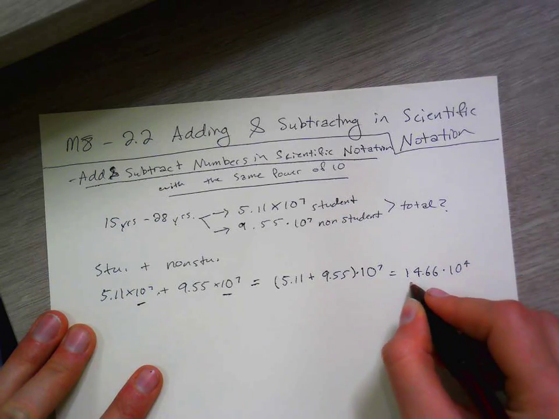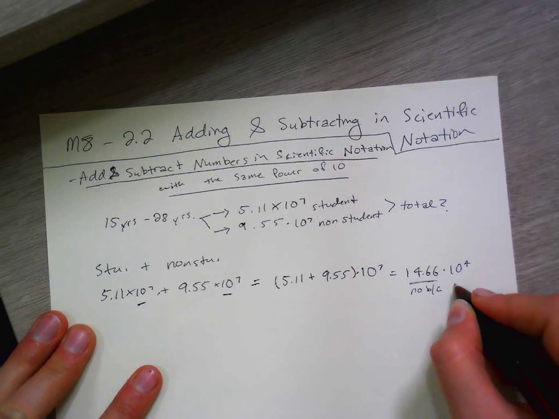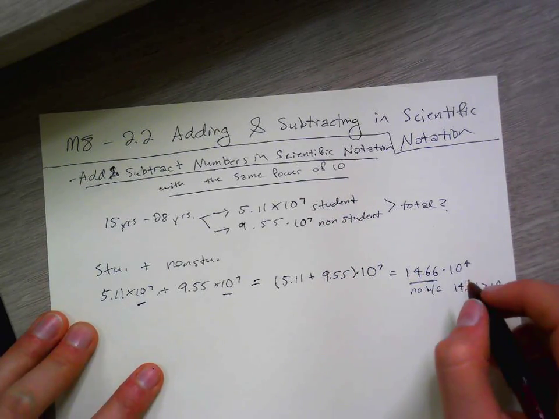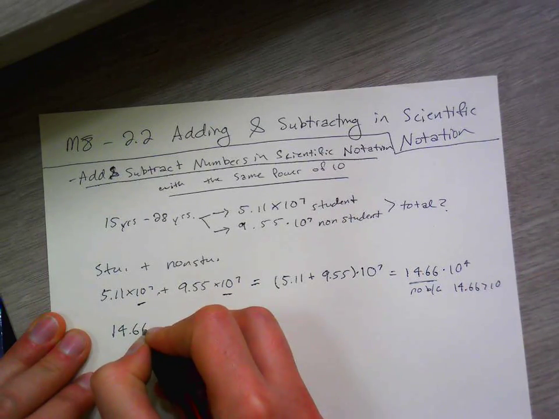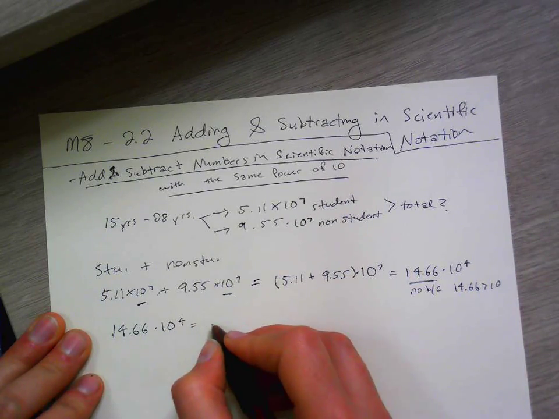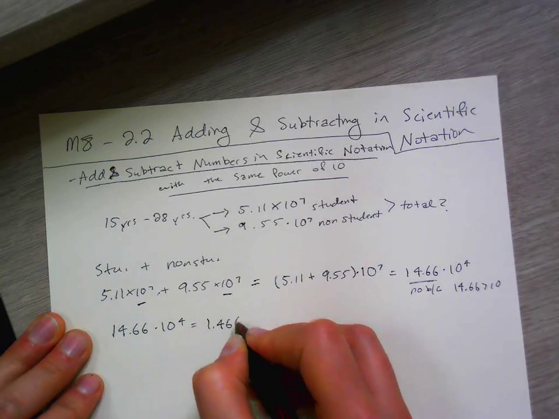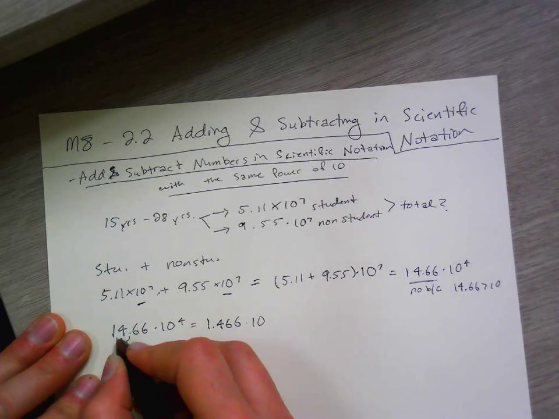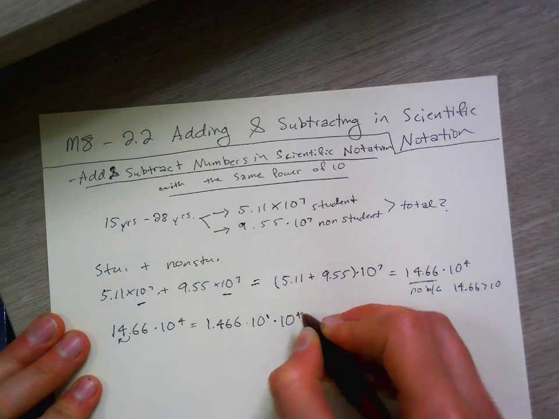Is this scientific notation? No, because 14 is greater than 10, so we need to convert. How we can convert that is 14.66 equals 1.466 times 10 to the power of 1, because we move to the left 1, times 10 to the power of 7, because we have a power of 7 here.